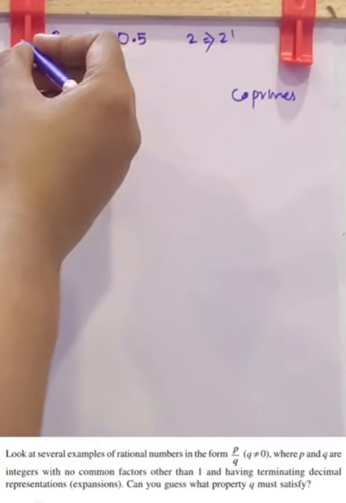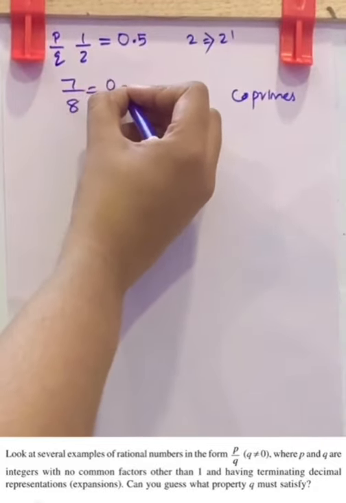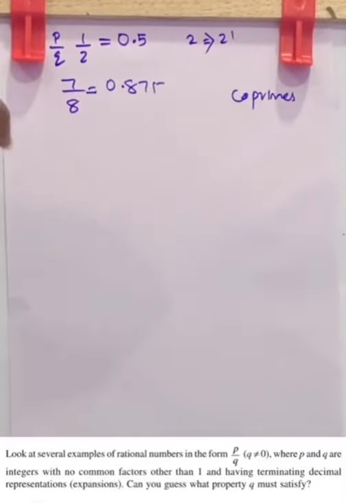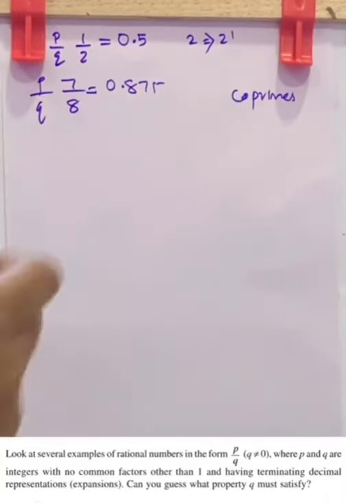Now, let us check another example. 7 by 8 is equal to 0.875. This is again terminating. In P and Q there is no common factor in 7 and 8. That is, they are co-primes to each other. Now what about this Q? We are talking about Q in this question.